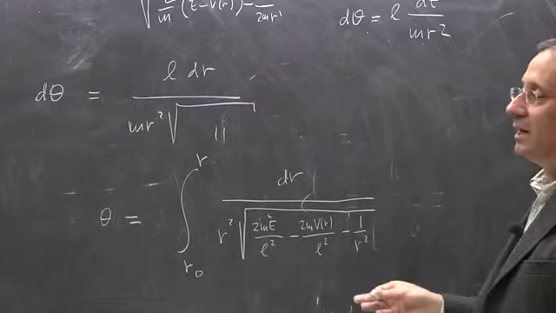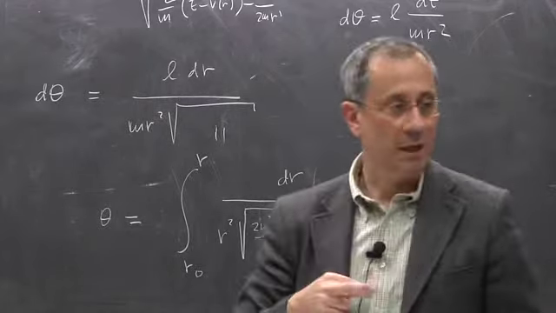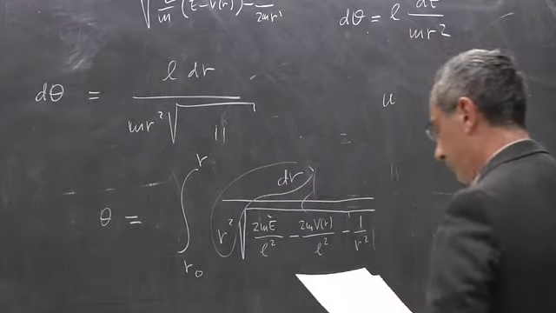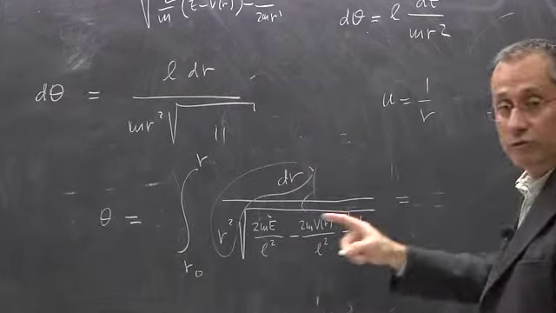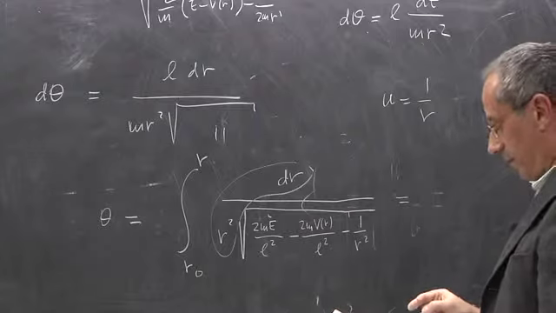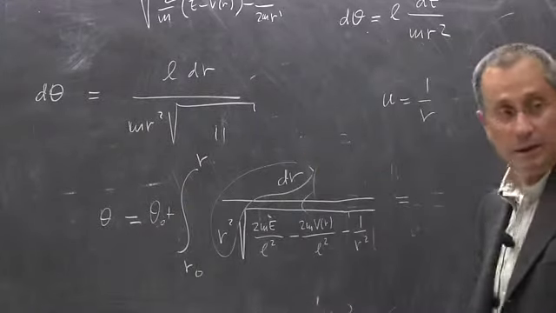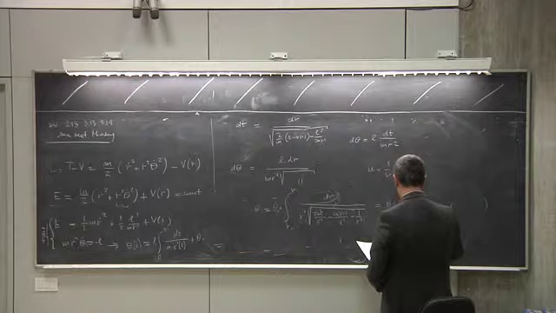And now again, remember the substitution that I did for the differential equation. You see, you have dr over r squared. So if I introduce u, this integral, now I change variables to simplify the integral. So there is a theta naught, so you have theta naught minus the integral from u naught to u.